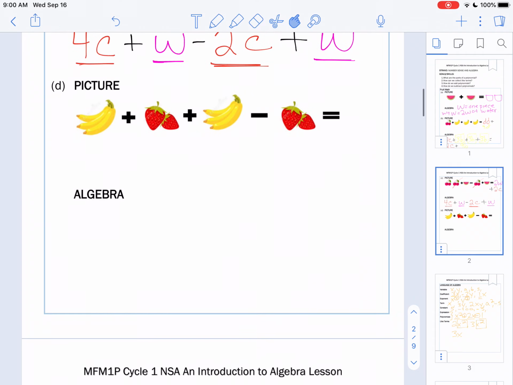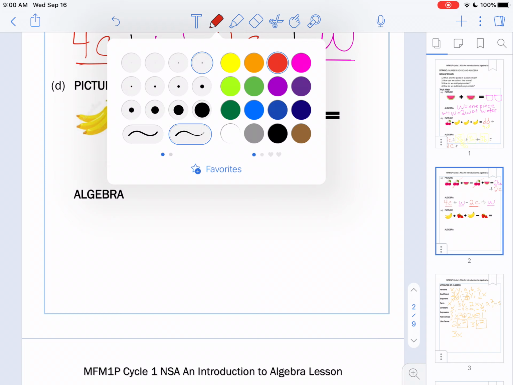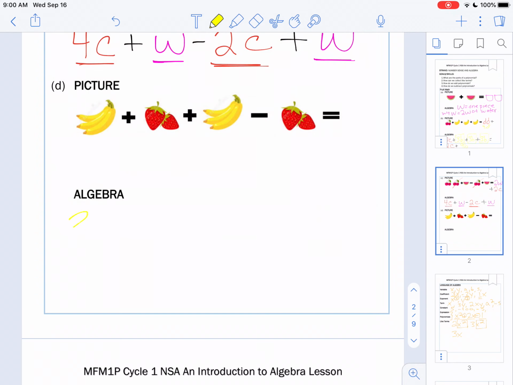Okay, in the last example, I've got 2 bunches of bananas. They're each represented as 3B, where B is an individual banana. I've got 2 strawberries and another 2 strawberries here. But you'll notice that there's 2 in the picture and then we're taking away 2.